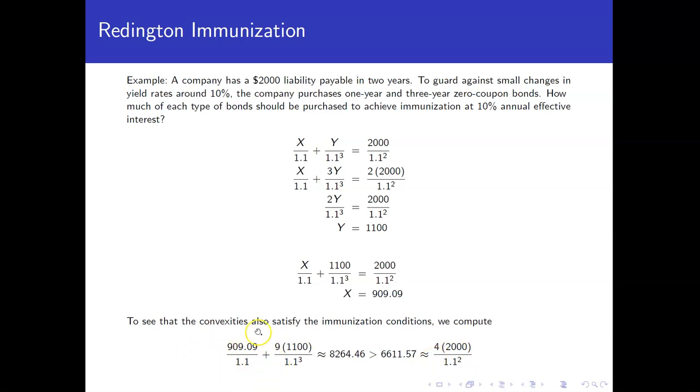So we do 1 times the x over 1.1 and 9 times the y over 1.1, which gives us 8264.46. We do the 4 times the 2,000 over 1.1 squared. That gives us 6611.57. So the convexity condition is also met. So for the values x and y, we get that local minimum on the yield curve.